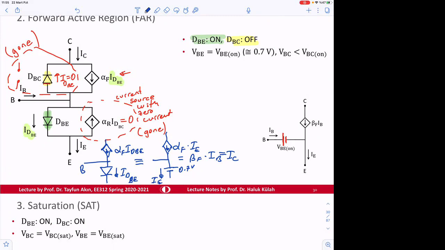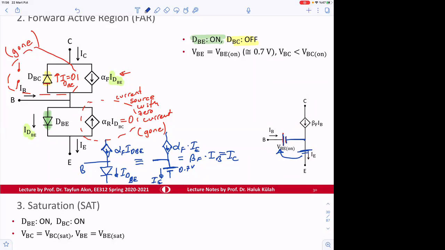And now we can switch the position of this diode. It is more convenient if it is shown like this. So instead of here and here, we can move it here. If we move it here, is there going to be any change in the actual operation or the modeling?